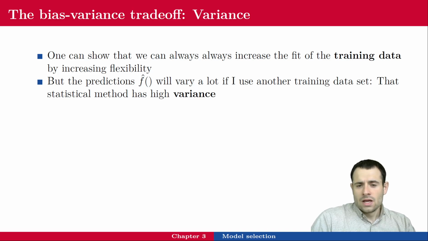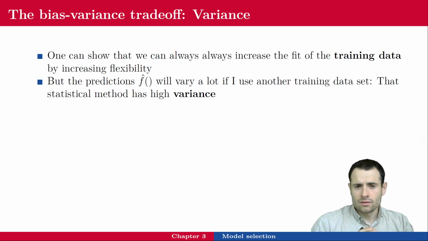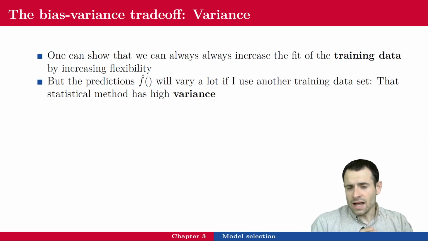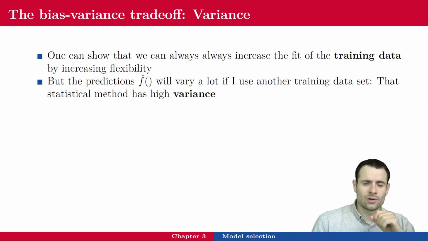If I estimate a parabola on two different data sets, even though the data might be coming from the same original random process, my parabolas might be quite different. Instead, if I use a linear model, my two straight lines might be very close to each other. So the method is going to have a low variance if it's not flexible.